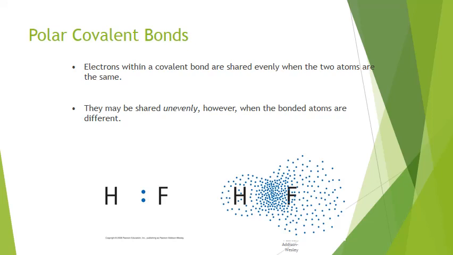It's got a more positive nucleus, and therefore it's going to attract an electron more. It's going to be a greater Coulomb force with the nucleus and a shared electron pair. And therefore, even though there's a shared pair of electrons in here, it spends a little more time with the fluorine atom than it does the hydrogen atom.